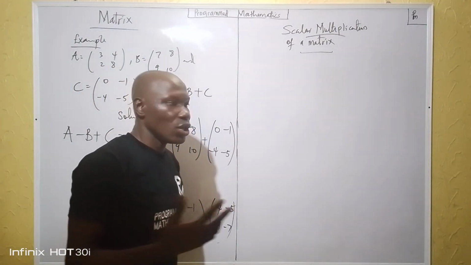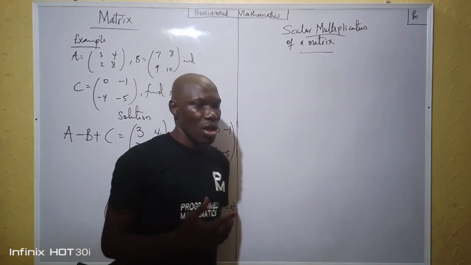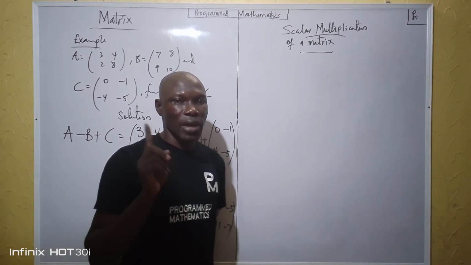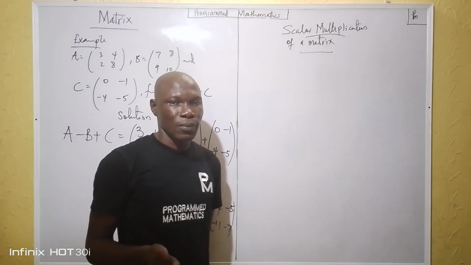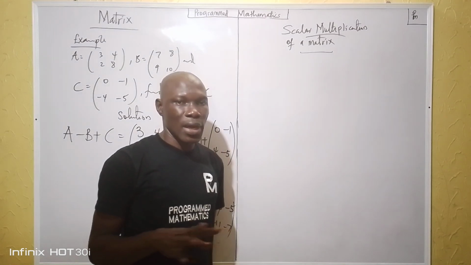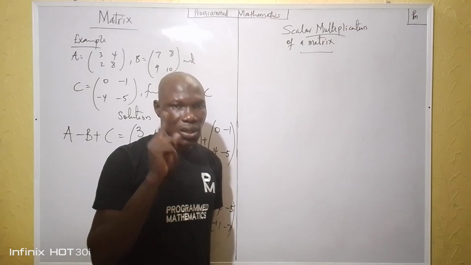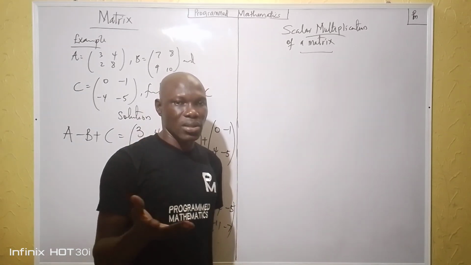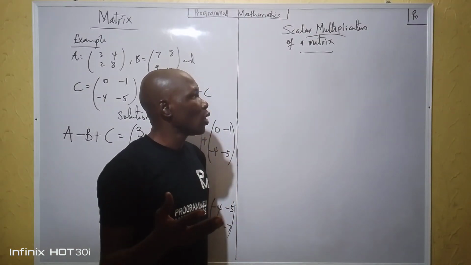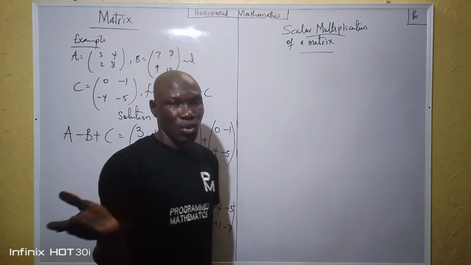If you remember, in this same discussion, I told you a matrix which has a single entry is called a scalar. A scalar is simply a number, just a single number. It could be positive, it could be negative, it could be a whole number, a decimal, a fraction, any type of number.